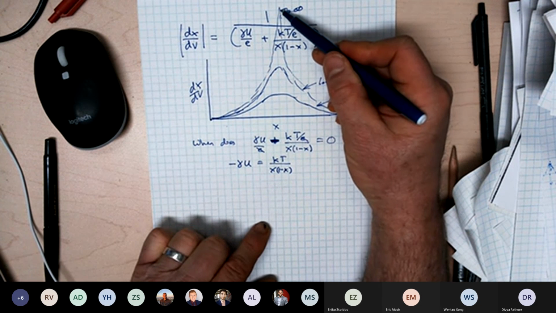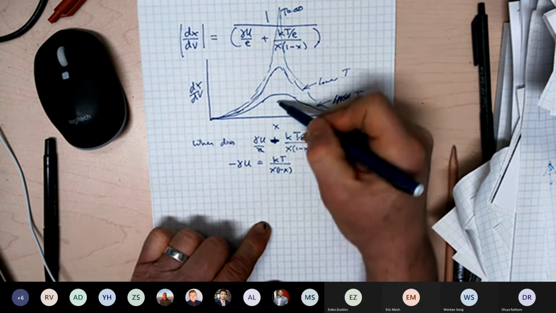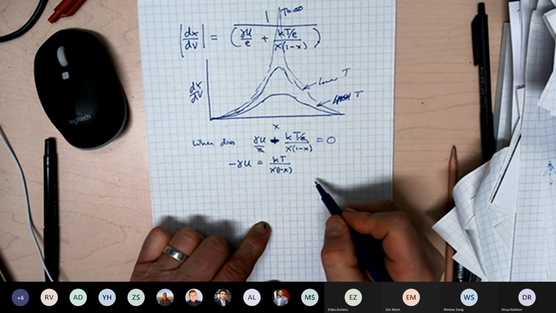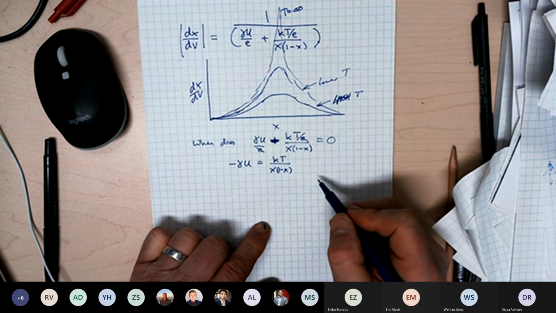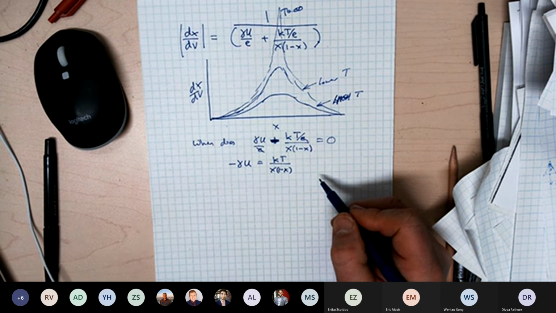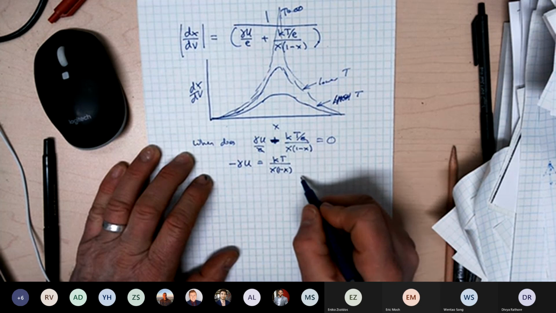We know the maximum is at 50%. We've seen that. The peak in dx dv is at x equals 0.5. So that means the smallest the right-hand side can be is when x equals 0.5.